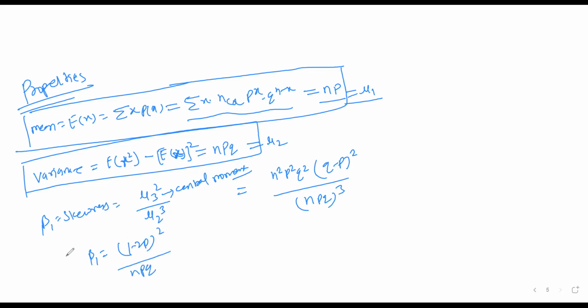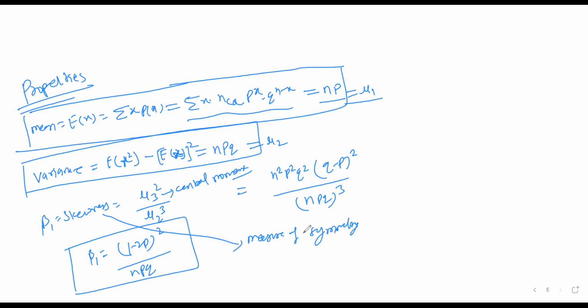So what does skewness indicate? Skewness indicates that it's the measure of symmetry. That is, if you draw the curve for the binomial distribution, which type of curve will you get here? This 1 minus 2p whole square, we can further resolve.